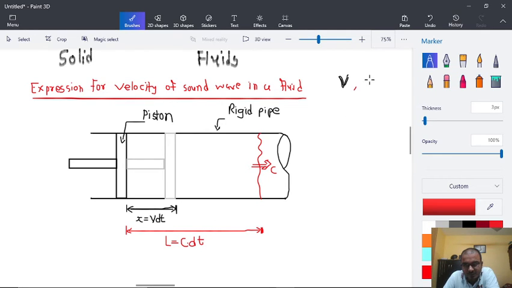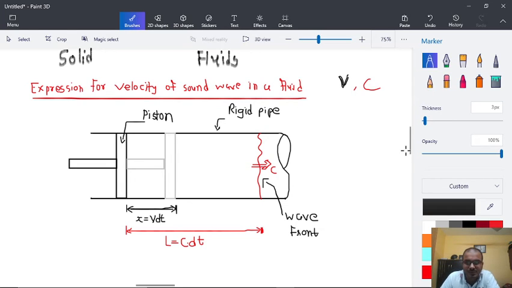This is known as the wave front. So that is the propagation of the pressure wave.